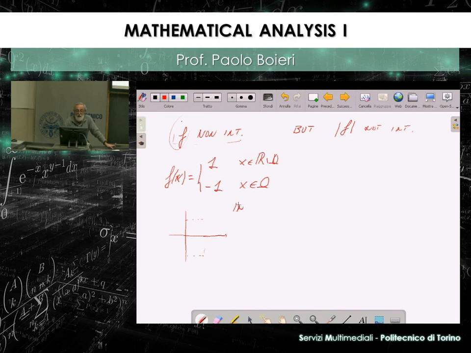And this function is non-integrable. If you take the absolute value of this function, it is the function 1, that is constant, and then for sure is Riemann integrable. Okay, and then you see that this is an example of this situation.